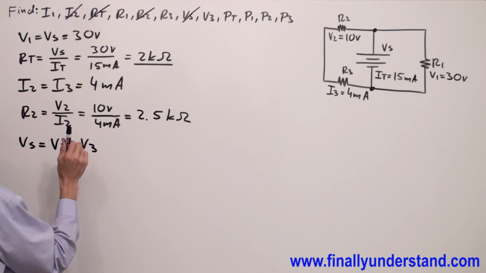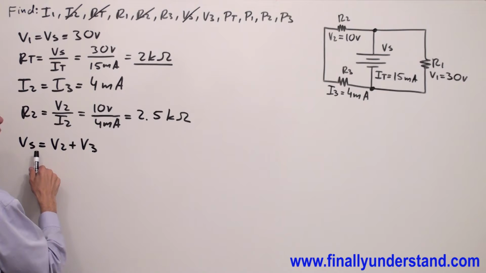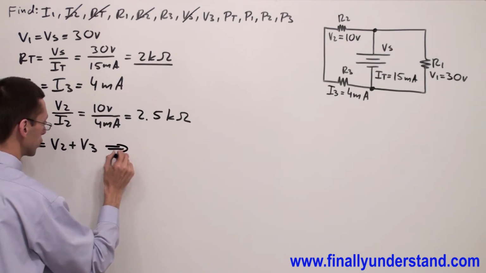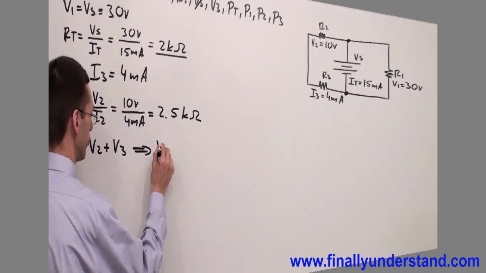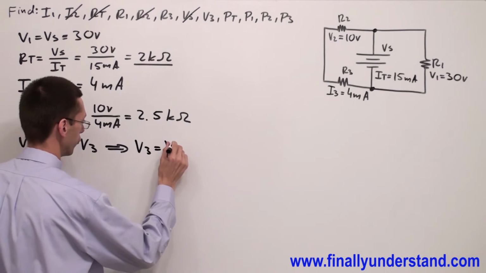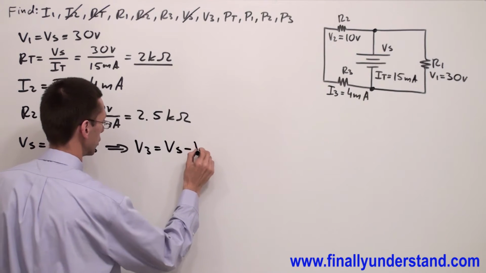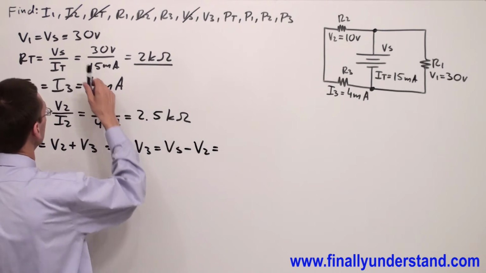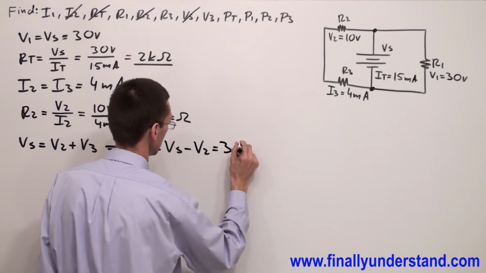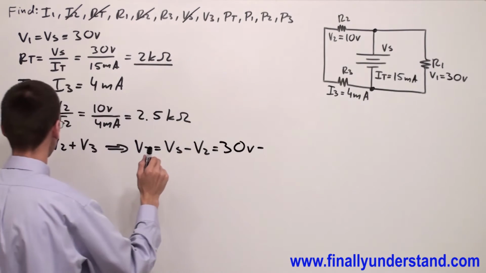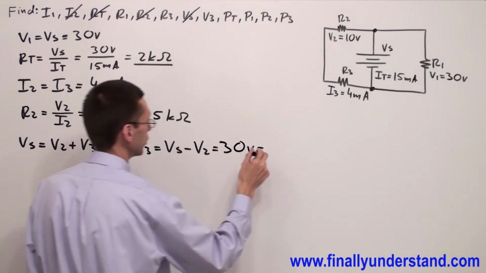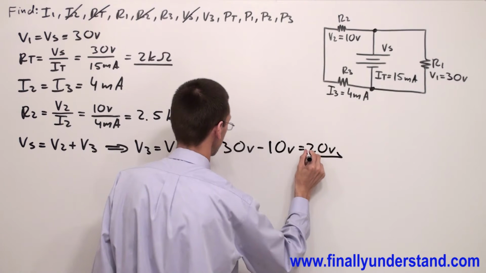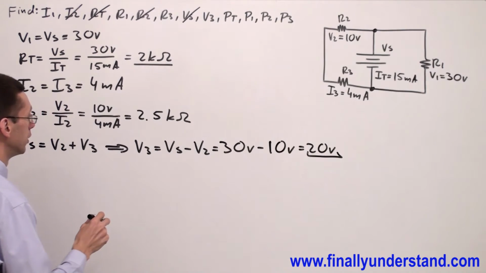We have already found the voltage source, and we have been given V2, so we can find V3 very easily. We have to solve this formula for V3. V3 is equal to the voltage source minus V2. The voltage source is 30 volts minus V2, which is 10 volts. This is equal to 20 volts. Okay, so we found V3.